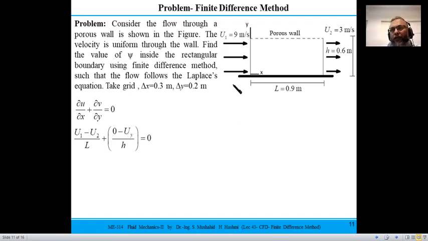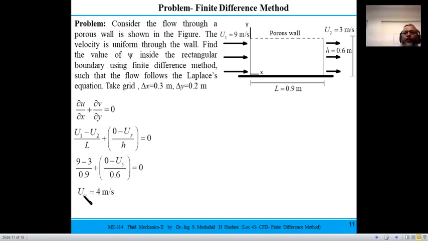So uy is the velocity in the y direction, which gives 0 minus uy, and the distance change in y, from 0 to uy, is h. I just substituted the values in the continuity equation for two-dimensional flow. Now I simplify that and I will be able to get the velocity component v. I have used the letter uy to represent the velocity in the y direction.